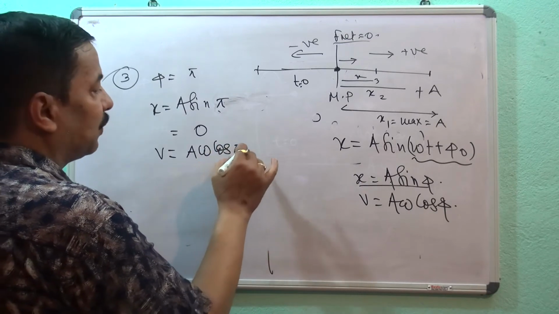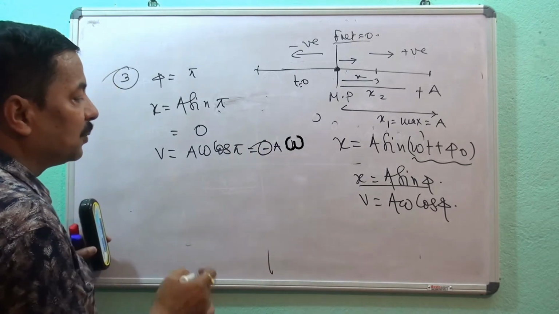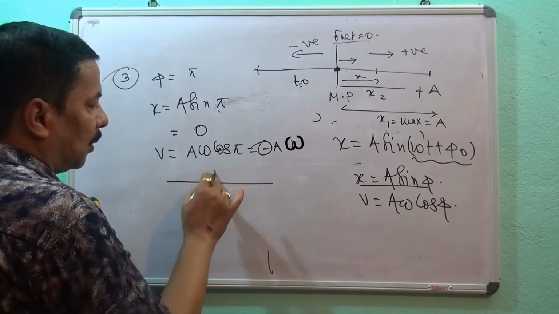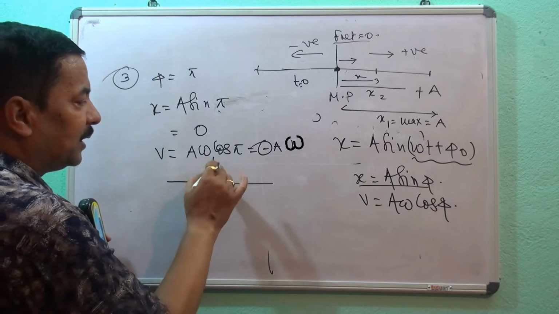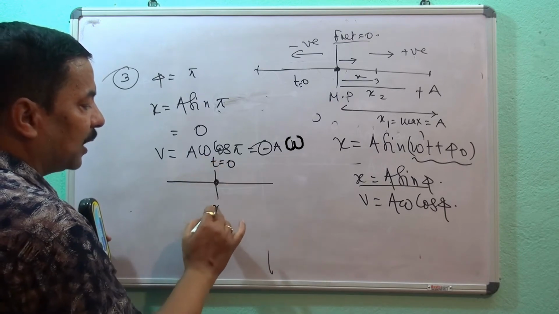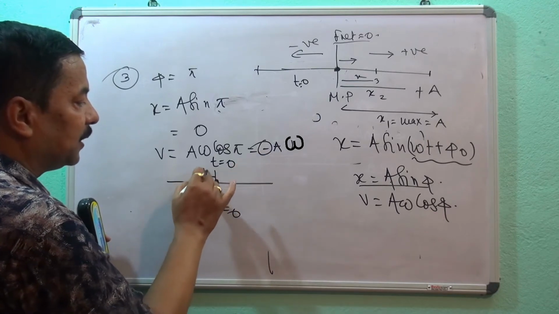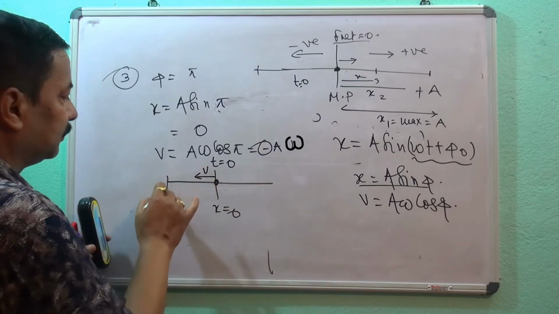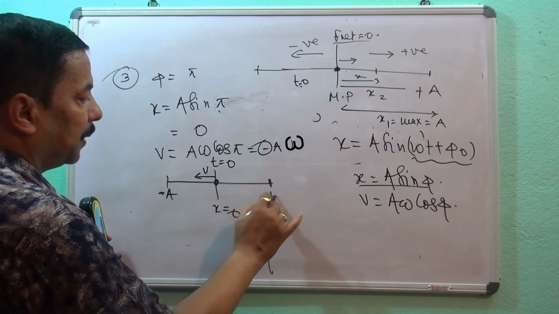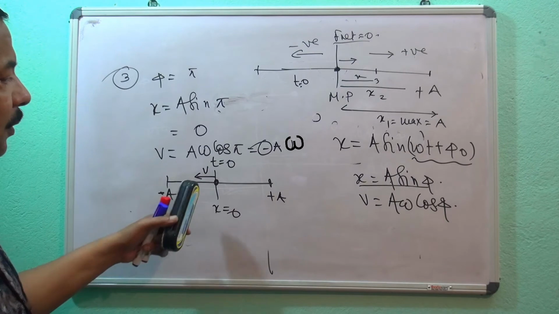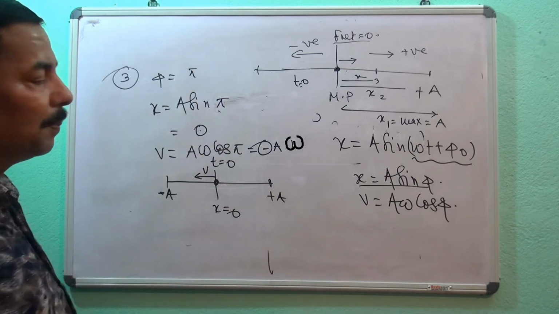Cos pi is -1, so minus a omega. This is negative. It means that the particle is starting from here at t equals 0, x is equal to 0 and v is negative. That means in this direction the v is there, from plus a toward minus a. This is the meaning of phi is equal to pi.